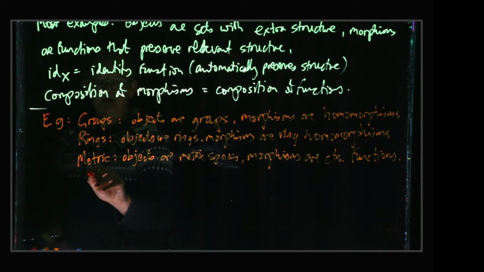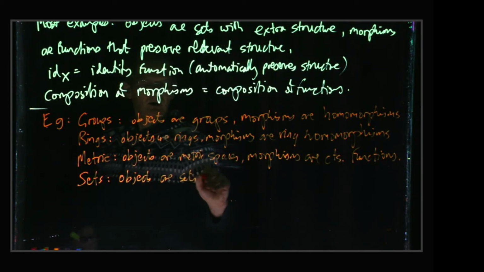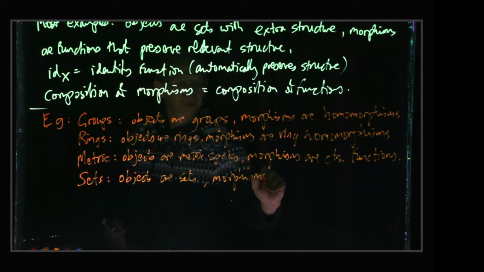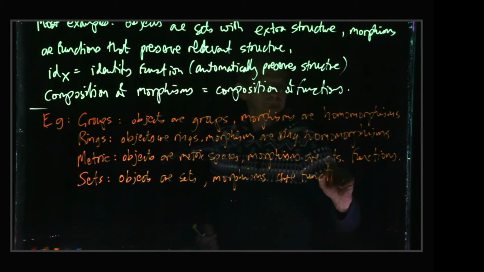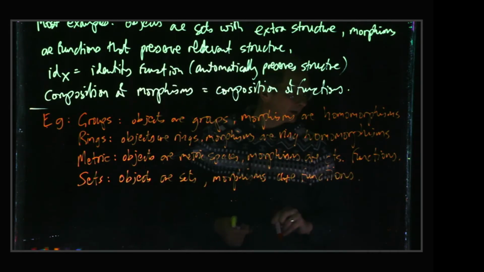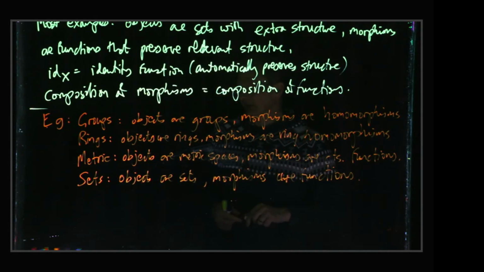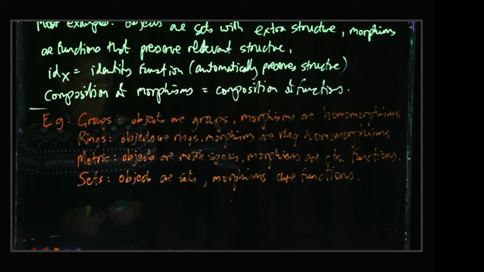And underlying these, there's an even more basic example. A category of sets where the objects are sets and the morphisms are functions. And there's various subcategories, ways that we can cut down a category to make it smaller.